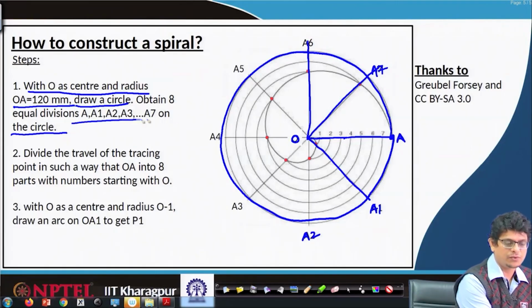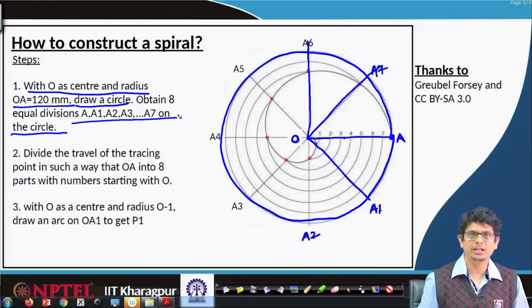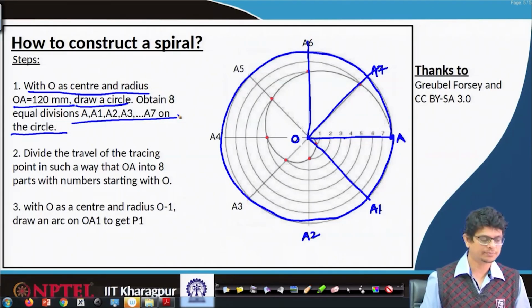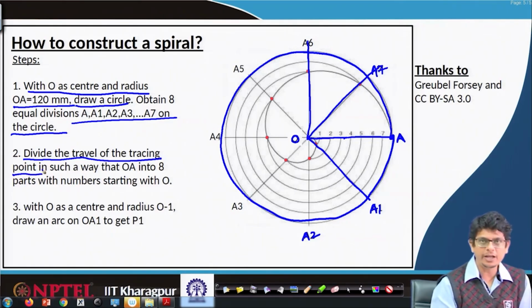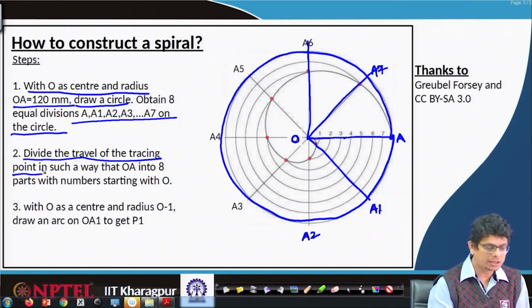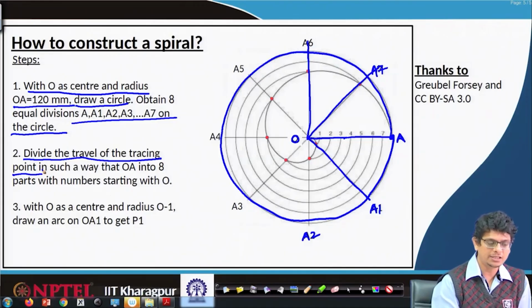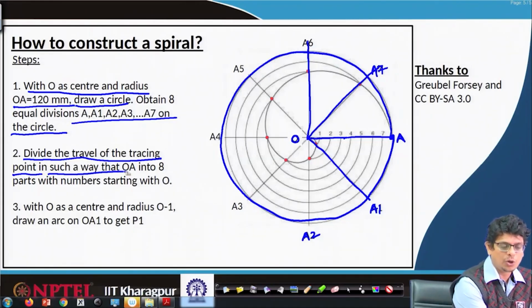On the circle, first of all note it down: we have divided the circle into 8 equal parts. After that, divide the travel of the tracing point. There is a point P which is moving on that spiral direction in such a way that OA is divided into 8 parts with numbers.